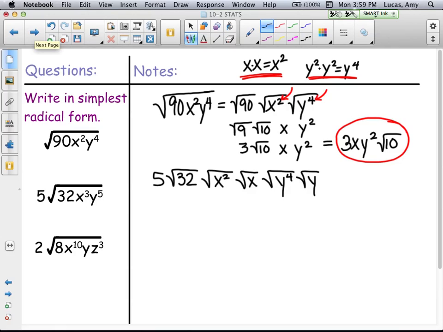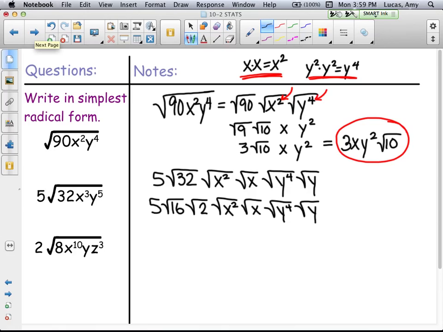Because if you're splitting it to get a perfect square, the even exponents are perfect squares. Now, there's something else I can do. With my 32, that would be 16 times 2. So now look at what I've got. I've got a lot of different radicals here.